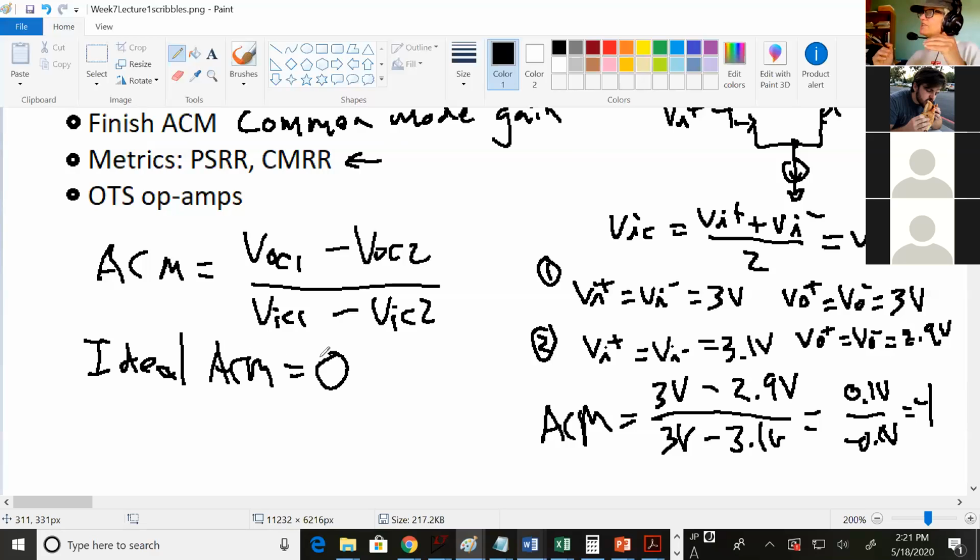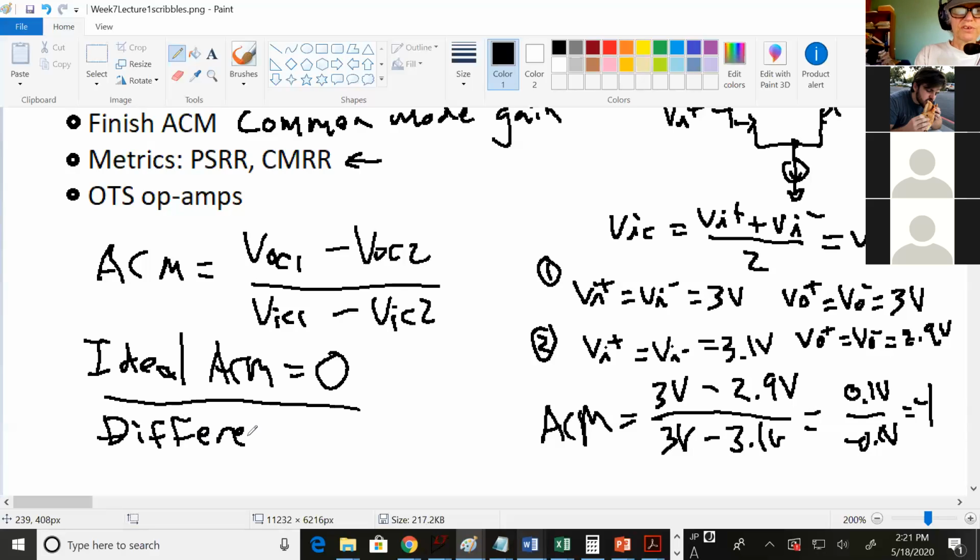That means when the input averages change, the output doesn't change. So you'd have like 3 minus 3. Okay, so that's the ideal ACM. So this is not a great ACM right here. And this is a metric for differential circuits.